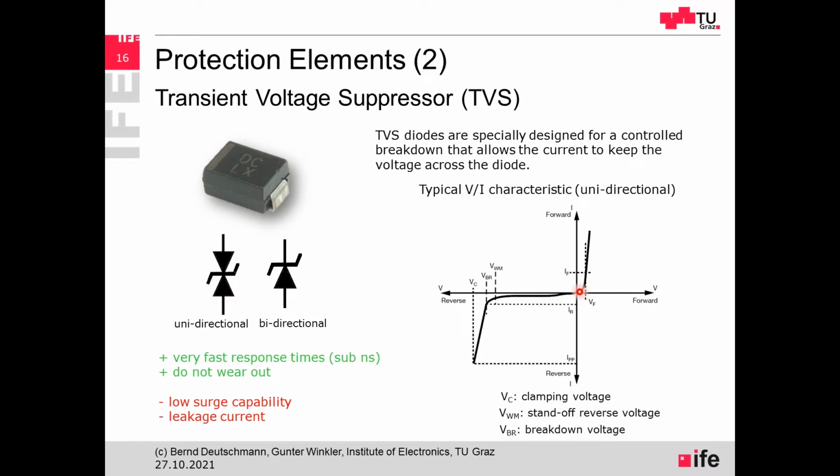And you can see in the forward direction, the protection element very often acts like a standard diode. And in the reverse area, there is very often a voltage breakdown. For example, here, where the element then starts to conduct and to divert the current, for example, to ground.